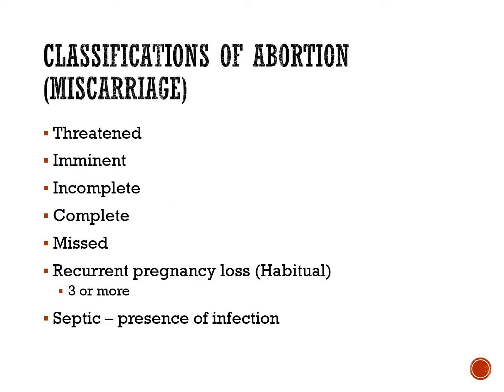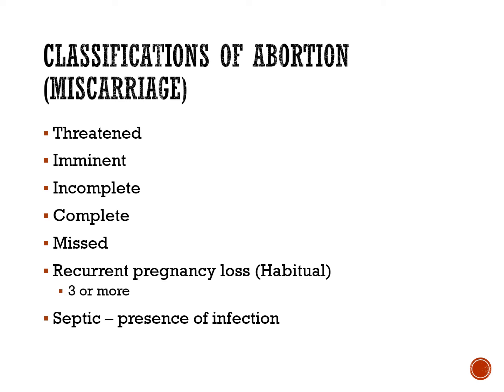So, classification of an abortion, there's several types of miscarriages that can occur. In your book, there's a table that gives you those different ones on page 294. So there's threatened. This is complaining of bleeding and cramping or backache. It could tell us that baby is in jeopardy.